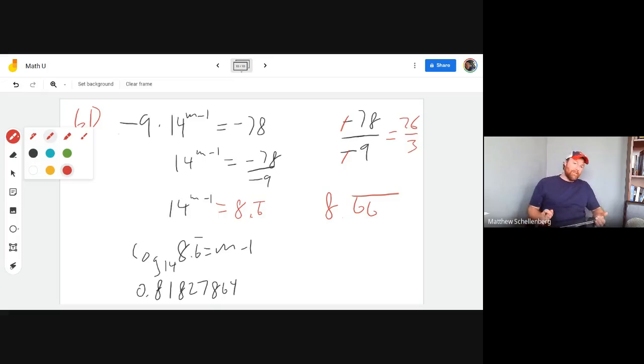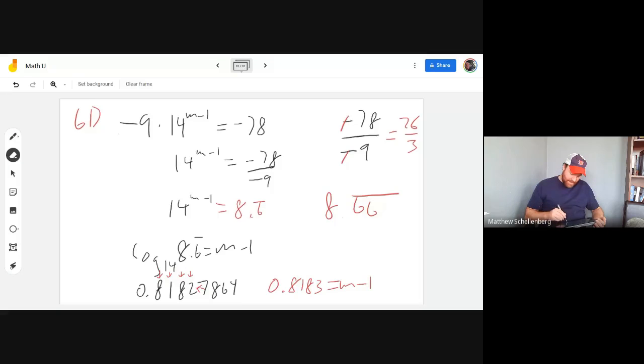So here's my trick to remember: 10th, 100th, 1000th, 10,000th. So this is where they want it. But that means you have to round. So actually, that would be 0.8183 equals m minus 1. And so we add 1 to both sides, and I'm just going to change this decimal here and make it 1.